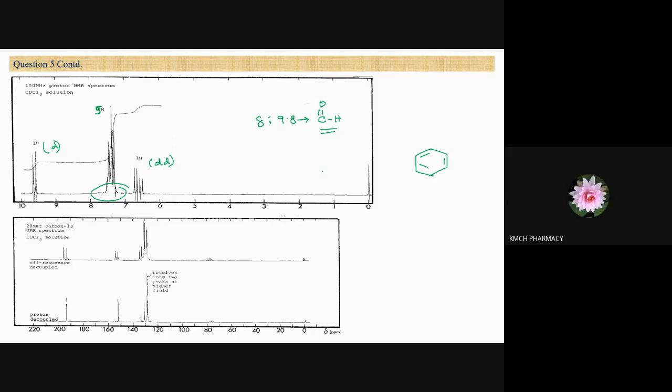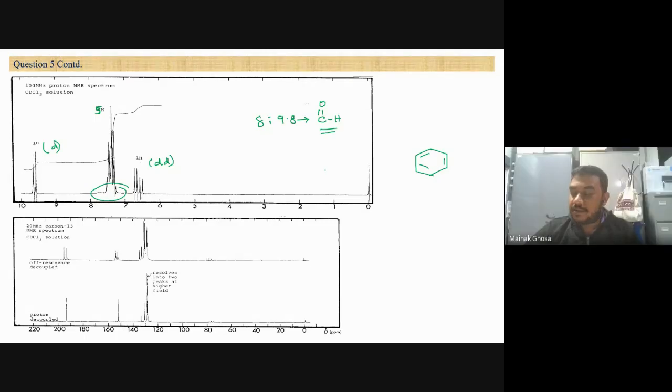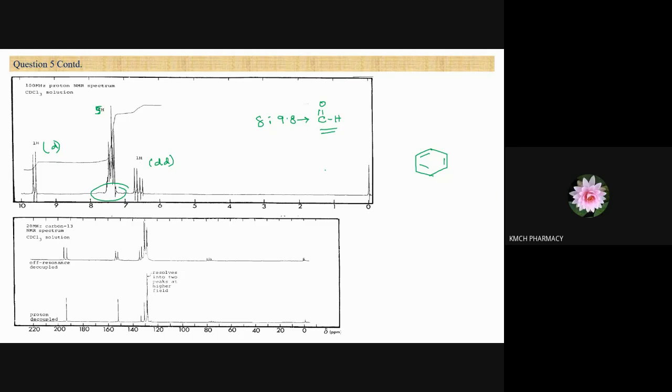Sorry to interrupt you, sir. You have corrected 6 hydrogen to 5 hydrogen here in this aromatic region. But this particular module was given by the professor, and he says there is something different in this part. He has said that the alkene proton is merging with the aromatic group resonance.